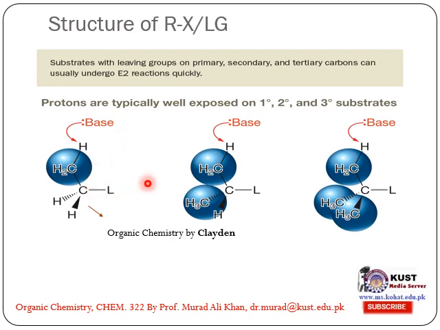The reason is that the proton is more exposed for the attack from the base. The more the proton is exposed, the more it will be attacked by the base, so the chances of elimination are more.